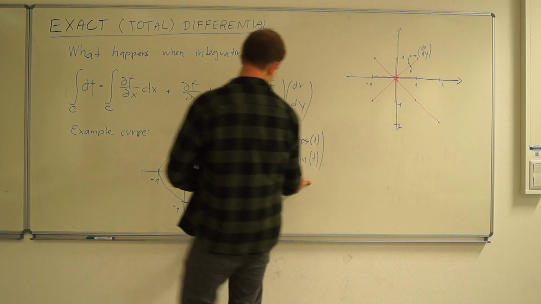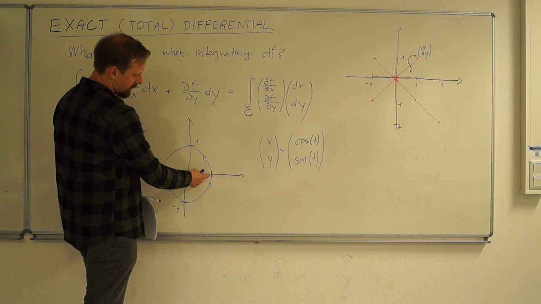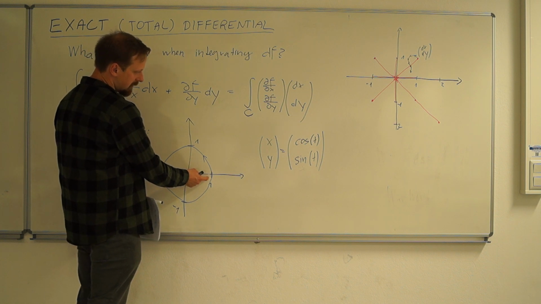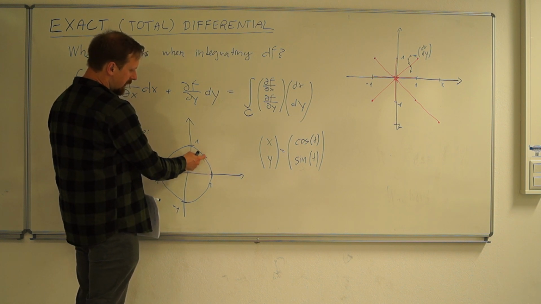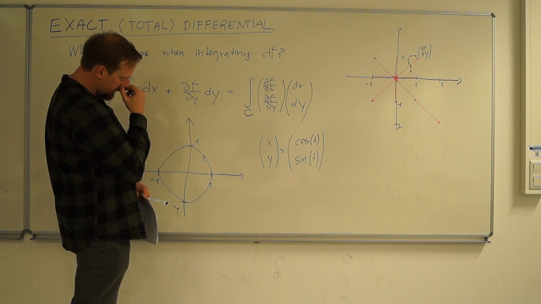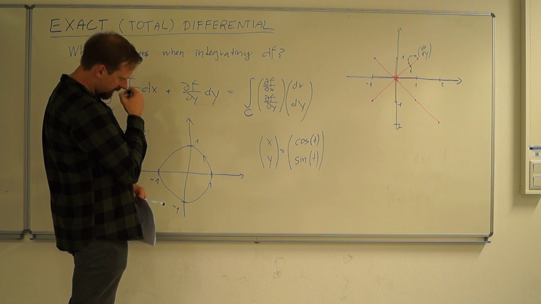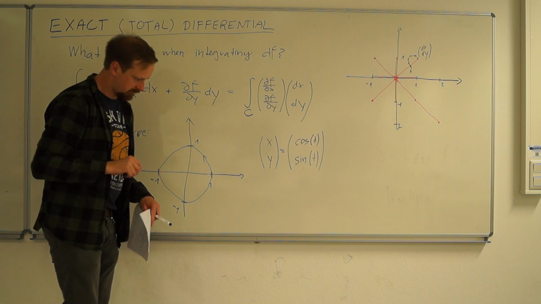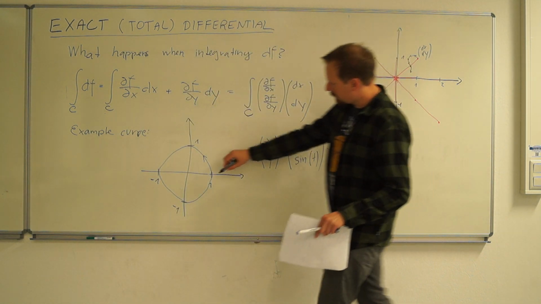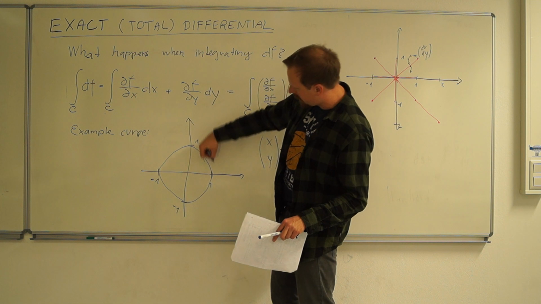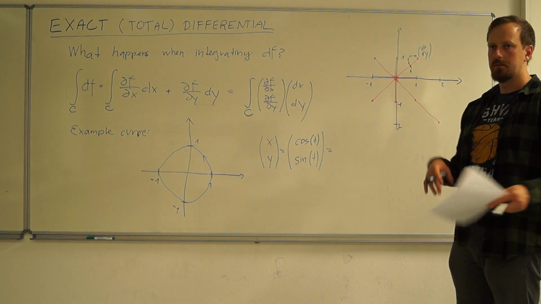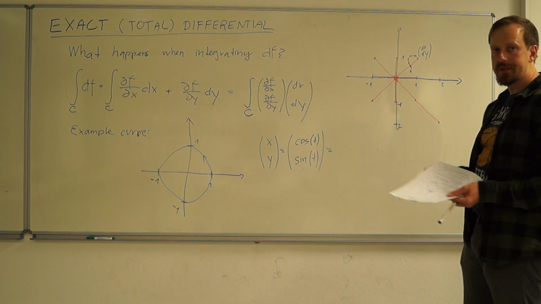So when t equals 0, I start here because cosine of 0 is 1 and sine of 0 is 0. And then I move here until t becomes pi half. And so forth. I move in this direction along the unit circle for increasing t.